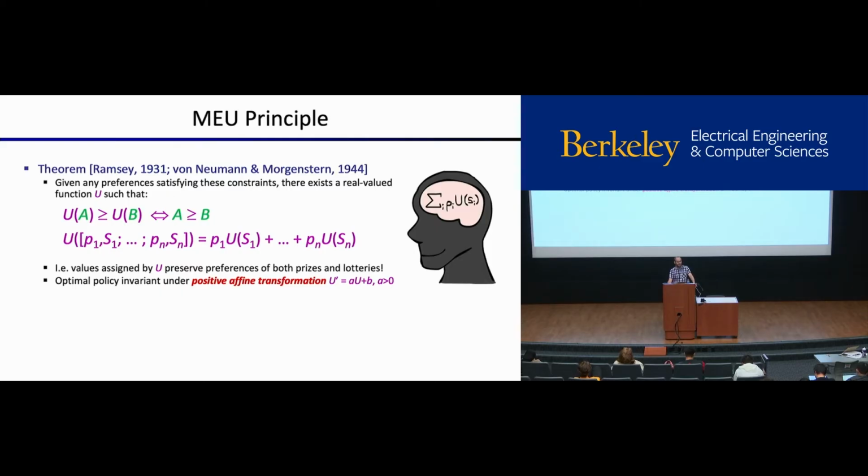If you prefer A to B, then the utility of A is greater than or equal to the utility of B. This is for prizes. And then for lotteries, the utility of a lottery is basically the expected utility of the outcomes. So it's the probability of this outcome times the utility of that outcome, plus the probability of the next outcome times the utility of the next outcome, and so on for all the outcomes with all their associated probabilities.